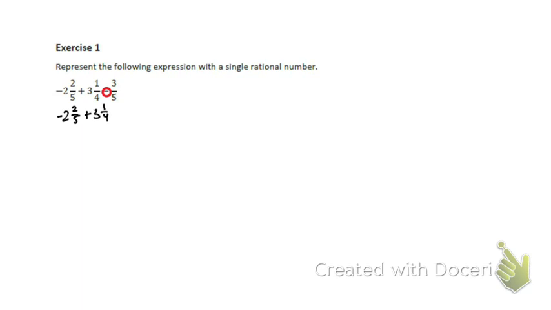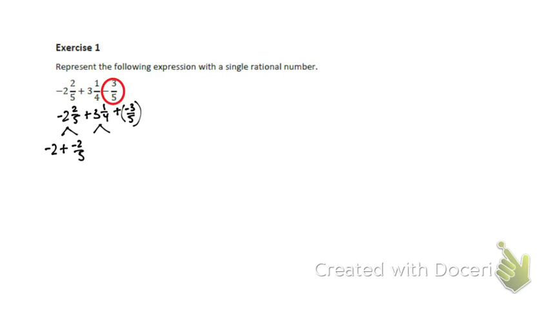So we're going to change subtracting to adding, right? But when we turn it to adding, what comes next? Not 3/5 anymore, right? It becomes negative 3/5. Next, I'm going to break apart these mixed numbers just like what we just did. So negative 2 and 2/5 becomes negative 2 plus what? Just think about what comes next.